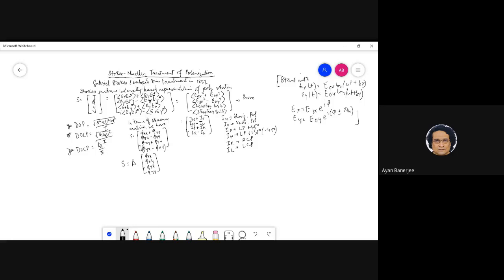With 45 and minus 45, if I want to go to other higher ones, I can represent any other angle by a ratio of this and this. This is the total intensity, my normalization factor.